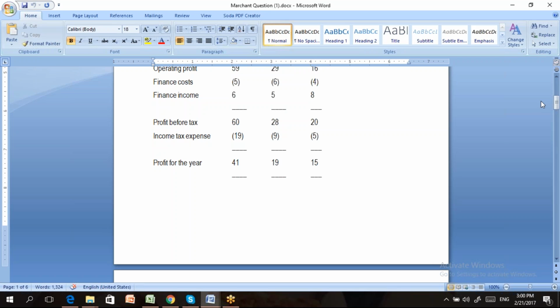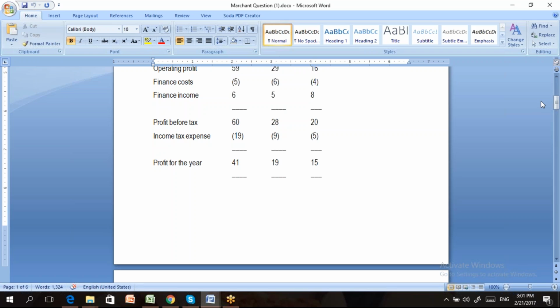On the remeasurement of the defined benefit plan, 2 million. Right, 2 million that you will get there. And also the loss on cash flow hedge, 3 million. I haven't got anything else, I've got those two.